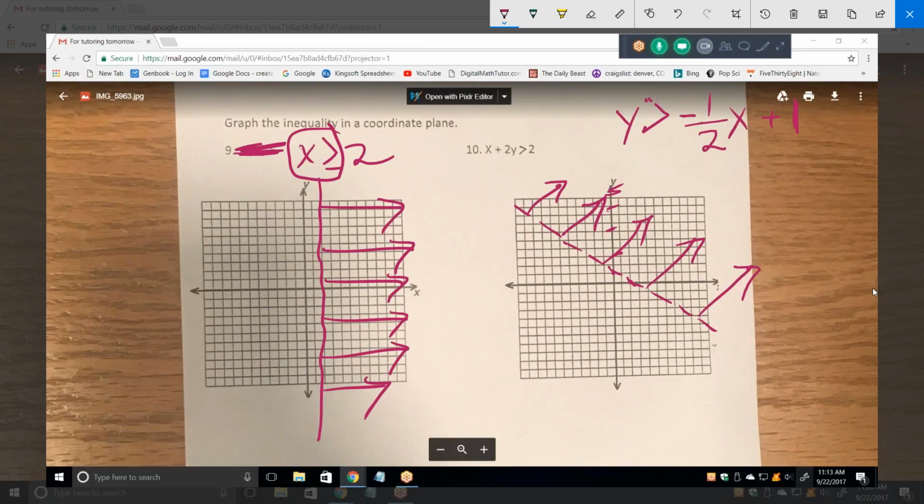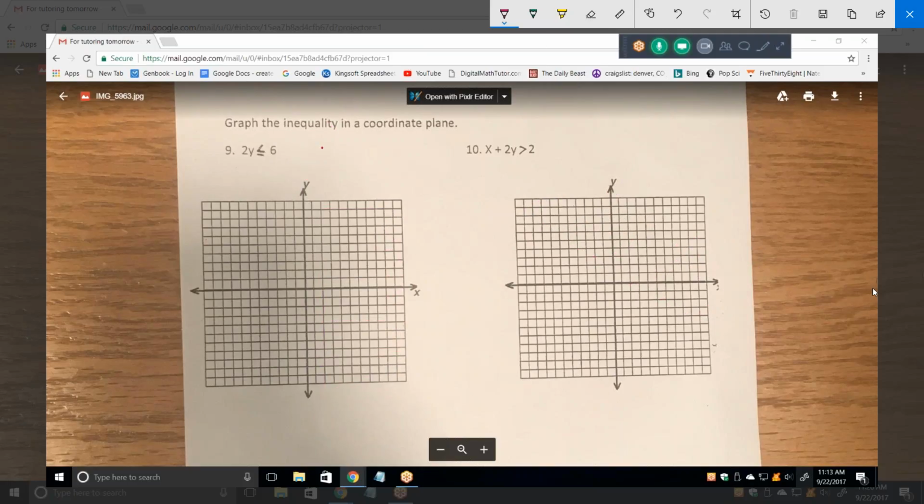In other words, if I had a line like this, let's call that line y is greater than or equal to 100x. Which side of that would I shade?